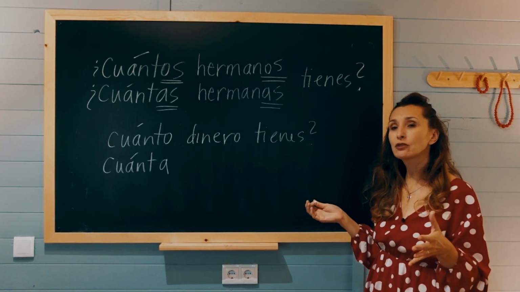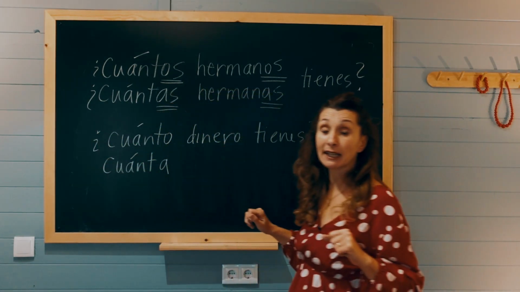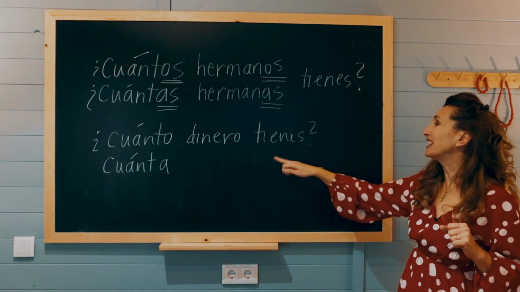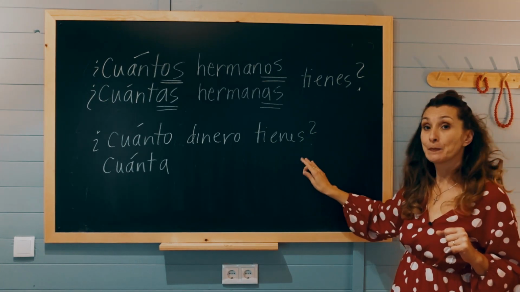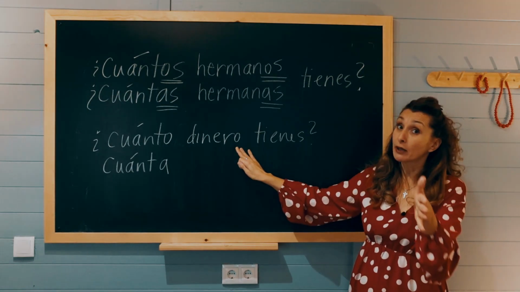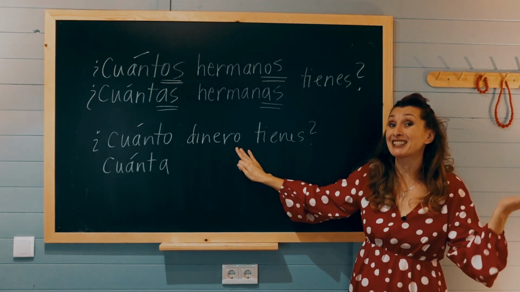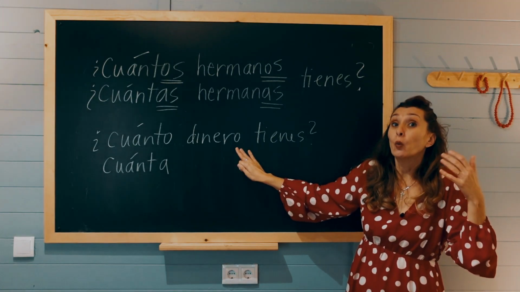Do we have enough to go out for a drink? Or do we have enough to get a taxi? ¿Cuánto dinero tienes? Again, dinero, you cannot count in English or in Spanish. You can't say un dinero, dos dineros, tres dineros. You can say €1.